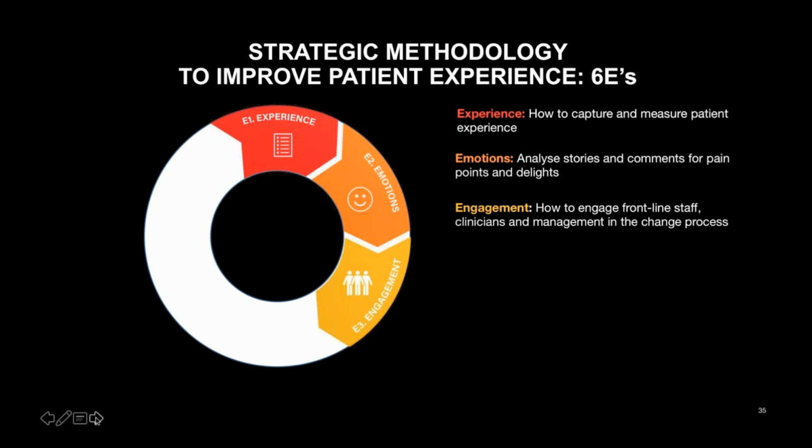So when you engage your staff, some of them, or some clinicians particularly, are going to be very, very driven by quantitative measures, and so you're going to have that, but some others are going to be more driven by the stories, the comments, the qualitative aspects.